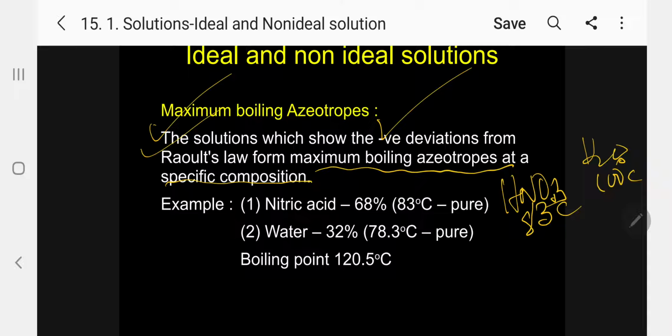Kindly follow. The water value was given wrongly earlier; it is 100 degrees. Nitric acid is 83, water is 100.